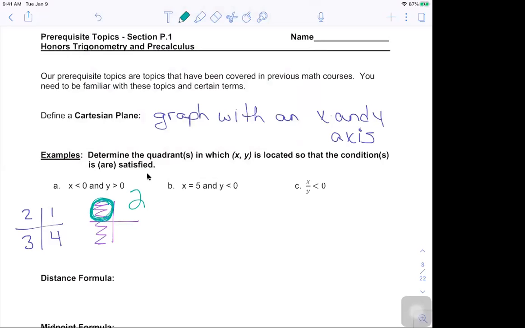So if we look at letter B, we have x equals 5 and y is less than 0. So x is 5, y is less than 0.